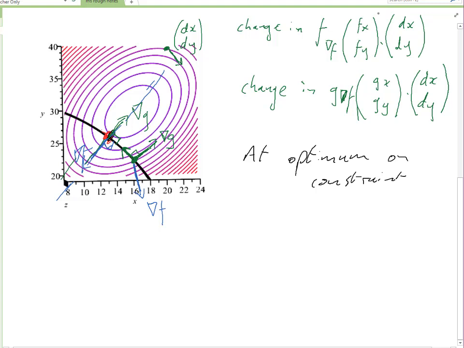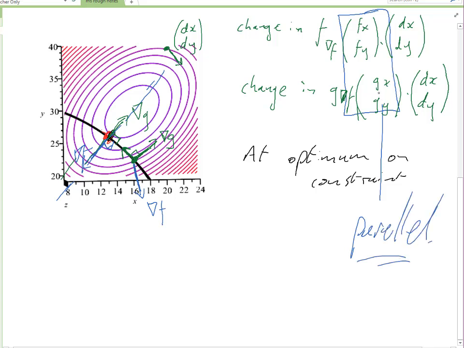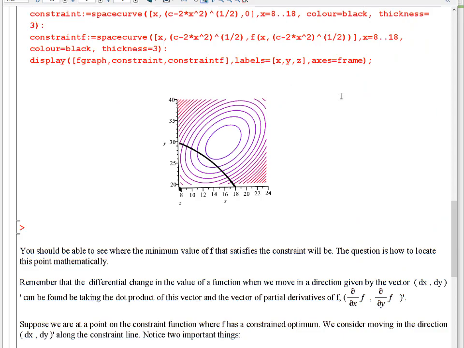So at the optimum point, these two must be parallel, because moving along the constraint line does not change the function, because I can't get any better or worse. I'm trying to get higher or lower, and it doesn't change the constraint because I'm not allowed to change the constraint moving along that constraint line. So the key insight is that these two must be parallel at the constrained optimum, which is what is explained here.